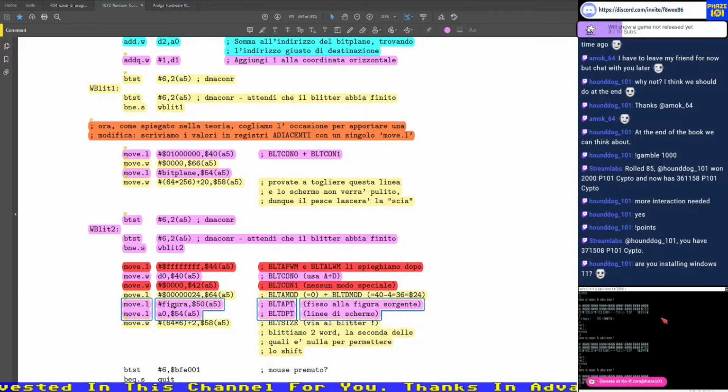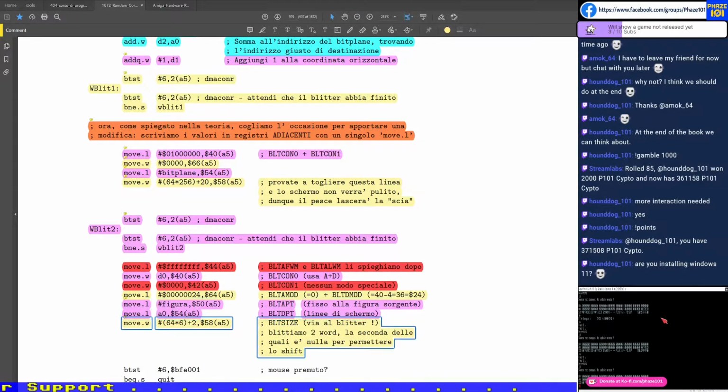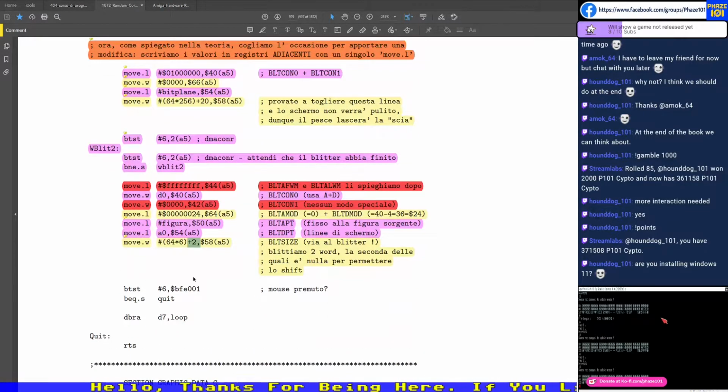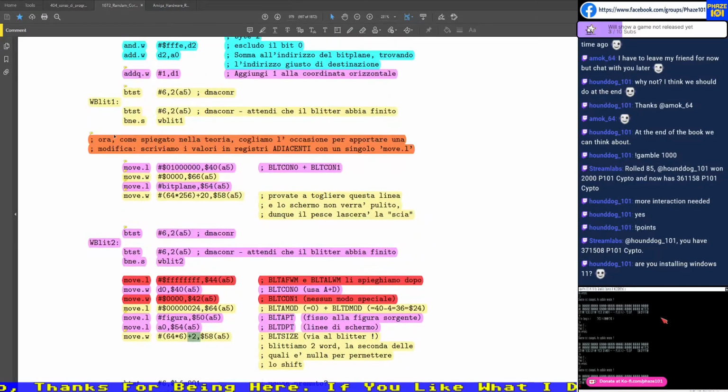This is the source address of our fish, so of our image. That's the pointer of our source, and here we have the address of the destination. Then we do our blit, and our blit is 6 lines high and 2 words. And we continue going through the loop, D7.